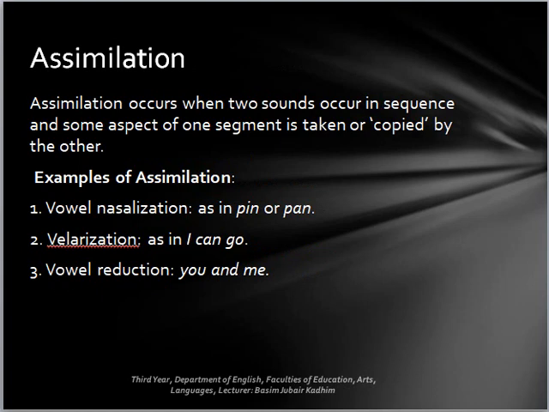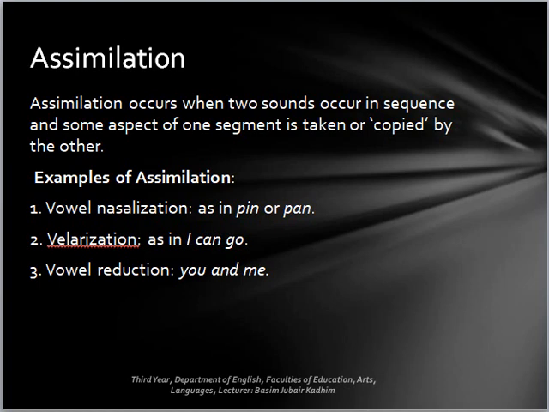Now, one of these processes is assimilation. The other one is elision. So we either assimilate phonemes or sounds, or delete them. Now, what is assimilation and what is elision?